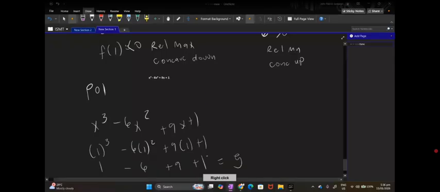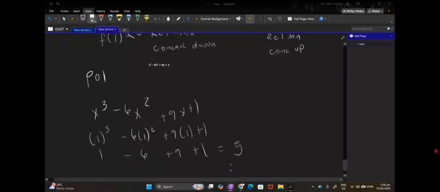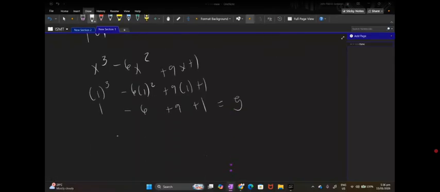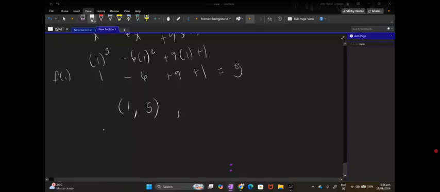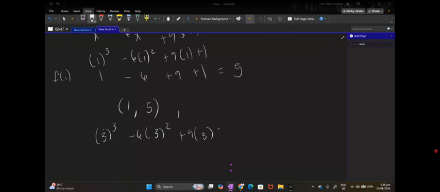So, it's gonna be 1, 5. Then, pag sinalpak natin si 3, so 3 cubed minus 6, 3 squared plus 9, 3 plus 1.